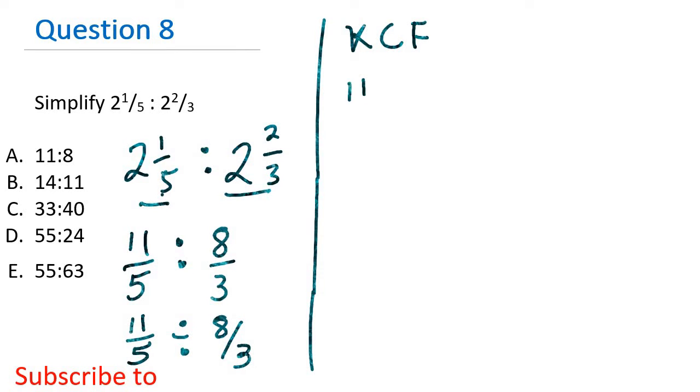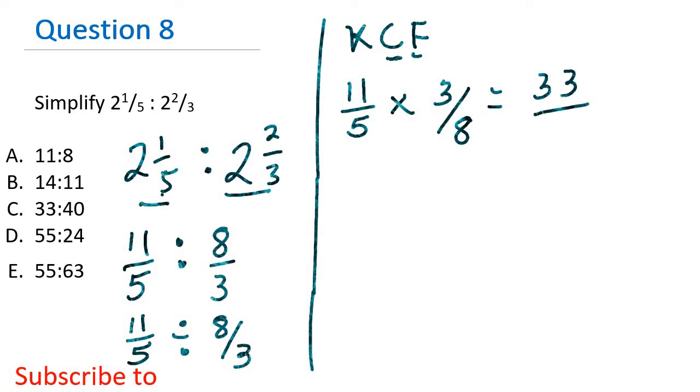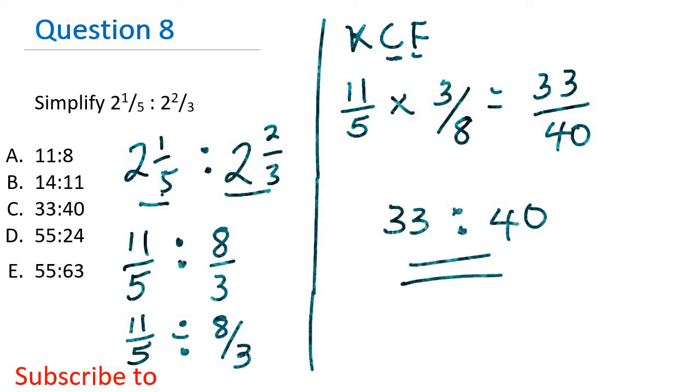I'll keep the first fraction, which is 11 over 5, change the division to times, flip the next fraction, which is 3 up, 8 down. 3 times 11 is 33, 5 times 8 is 40. I started by saying that ratio means division, so I can write this as 33 ratio 40. So the right answer is C.